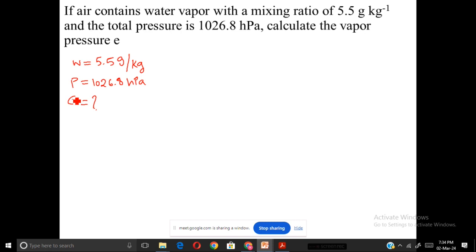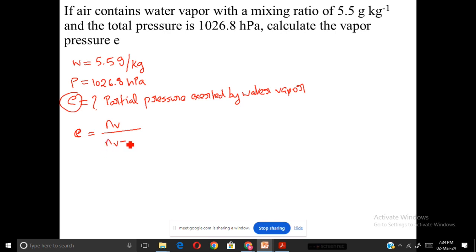So how can we find it? Generally this is the vapor pressure, but basically it is the partial pressure exerted by water vapor, that is E. The partial pressure exerted by one of the components is the number of moles of that particular gas divided by the total number of moles of the mixture of gas that we are considering, multiplied by P. So we are considering an air parcel, moist air, having some moles of vapor and some moles of dry air.